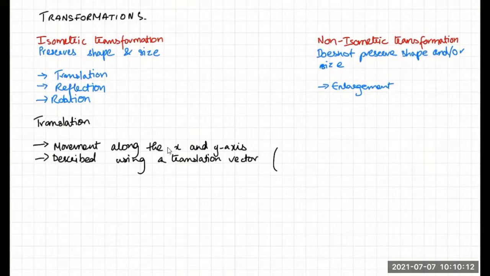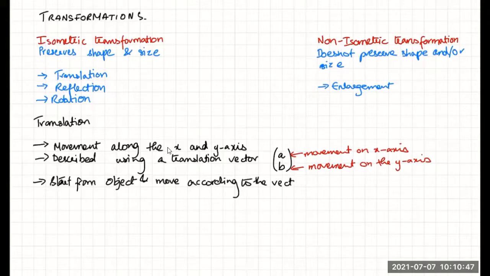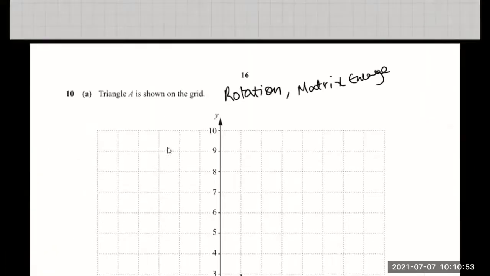Translation vectors are described as A, B, where A represents the movement on the x-axis and B represents movement on the y-axis. So start from the object and move according to the vector. I think that translation is the simplest. I don't think anyone would have had trouble doing this.